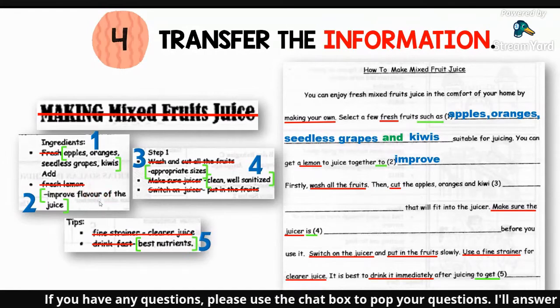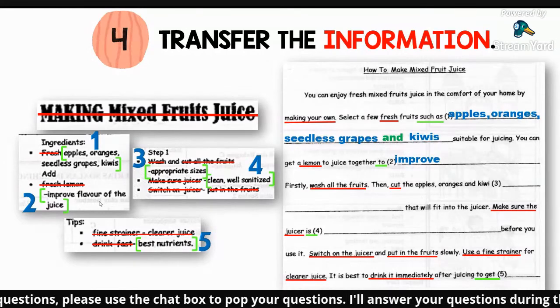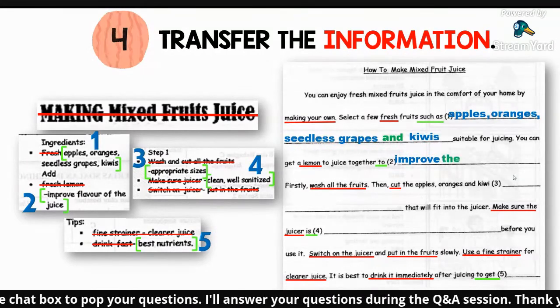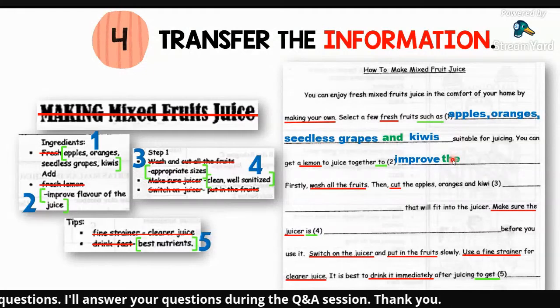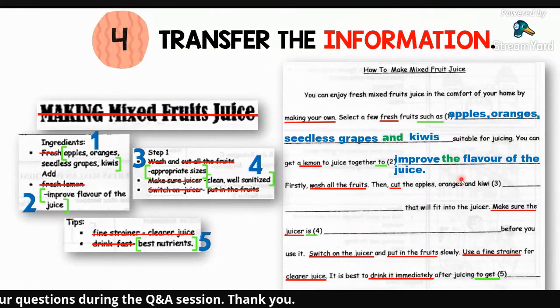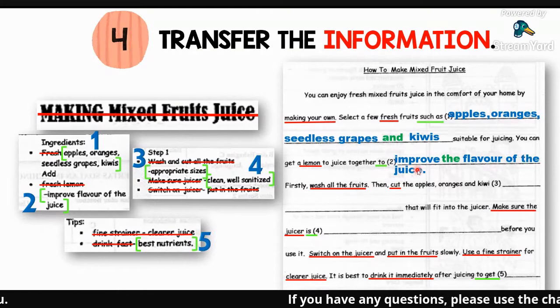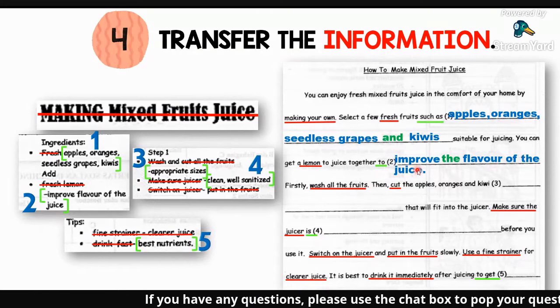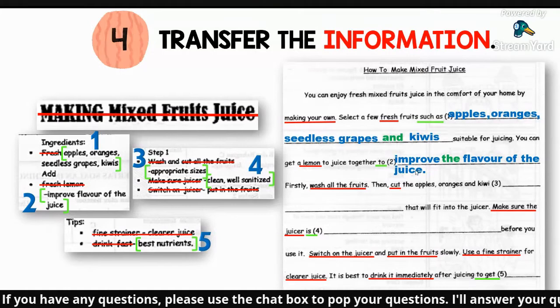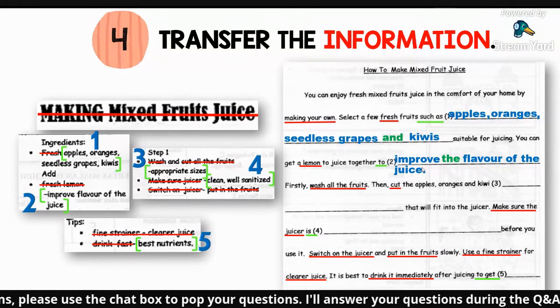So I've mentioned specific, meaning the word would be the. The flavor of the juice. So to improve the flavor of the juice. Okay, very good.